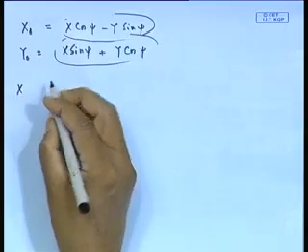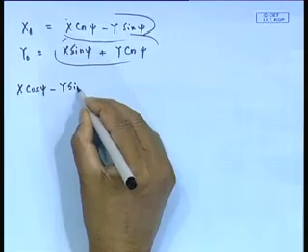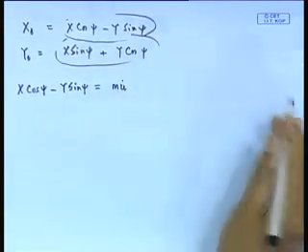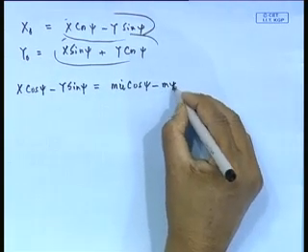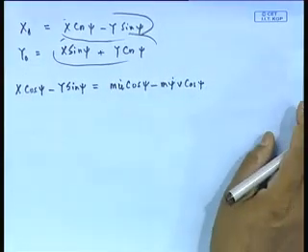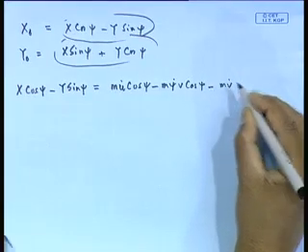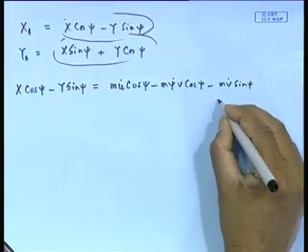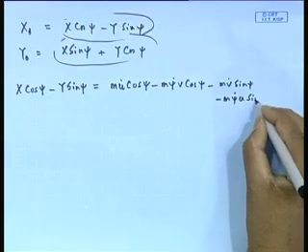See, x cos psi minus y, this becomes equal to m u dot cos psi minus m psi dot v, there is a v there, minus m v dot sin psi minus m psi dot u sin.